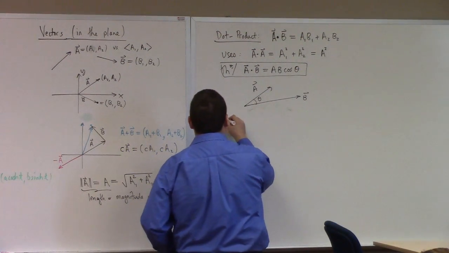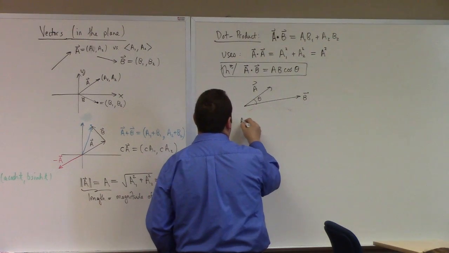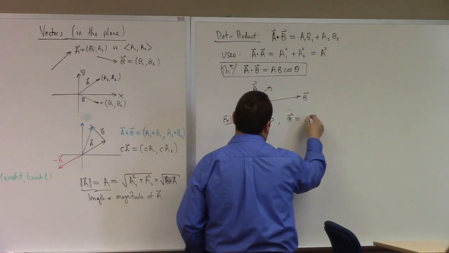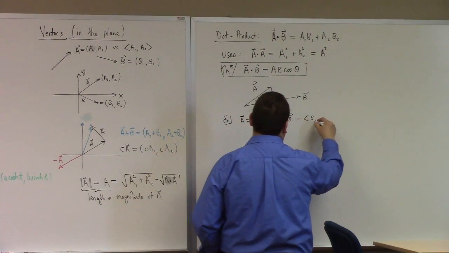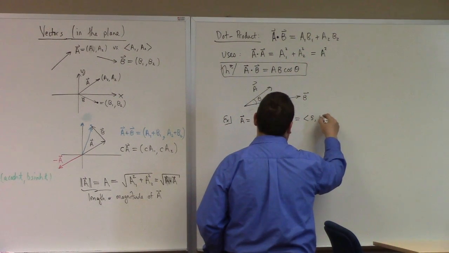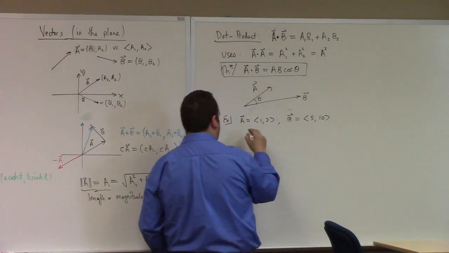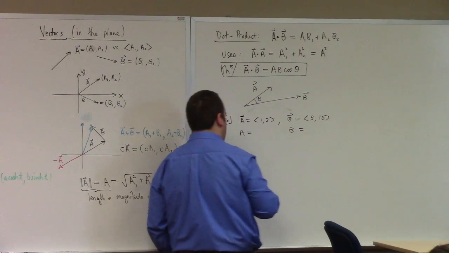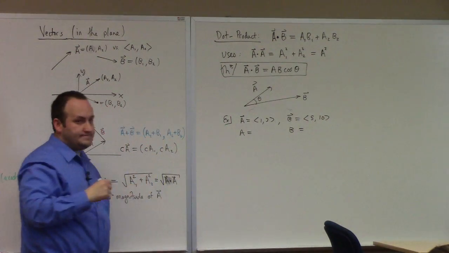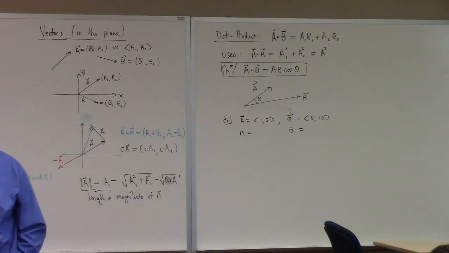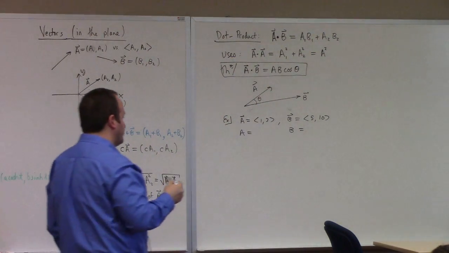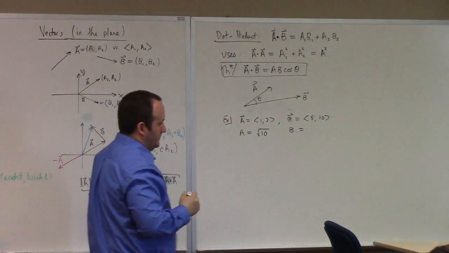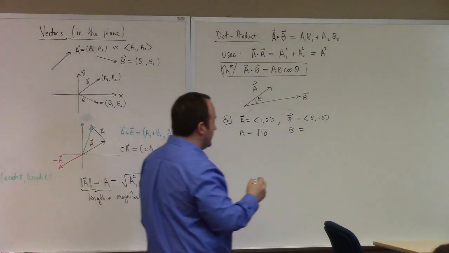I'll tell you what, I'll do something with numbers for a second here. How about if A is 1, 3, and B is equal to, I don't know, 5, 10. What would the length of A be? What would the length of B be? Square root of 10? Square root of 125.